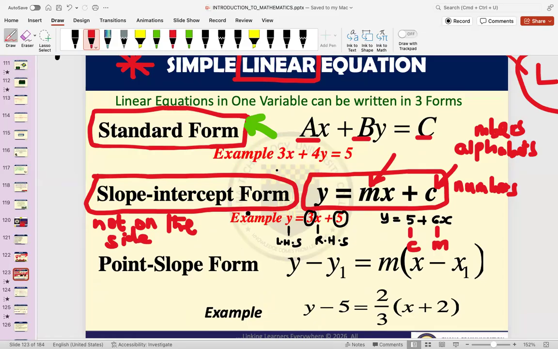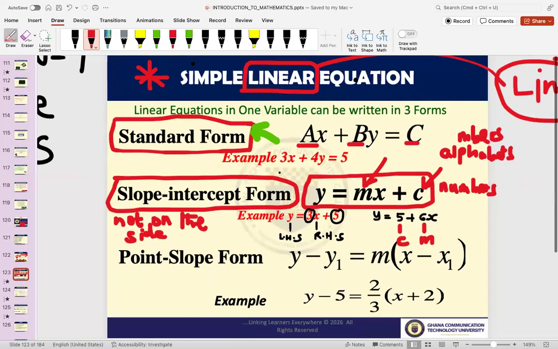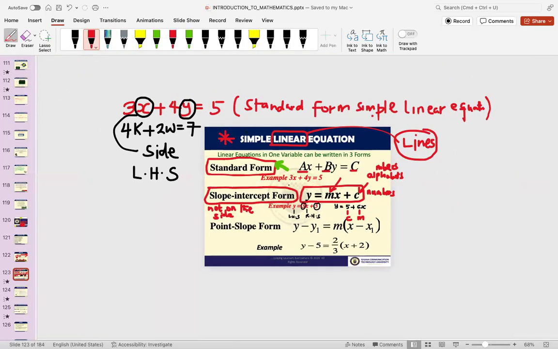That is how to write an equation like that. So the full name of this equation is slope intercept form simple linear equation, just like we combined the first one.